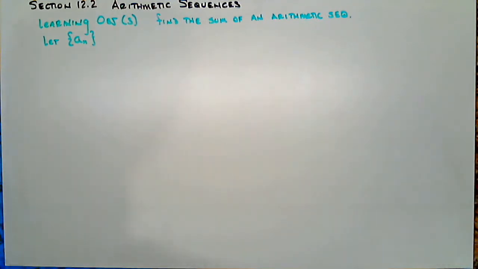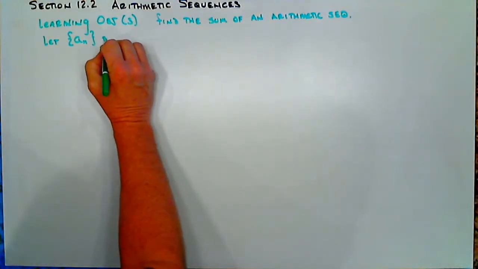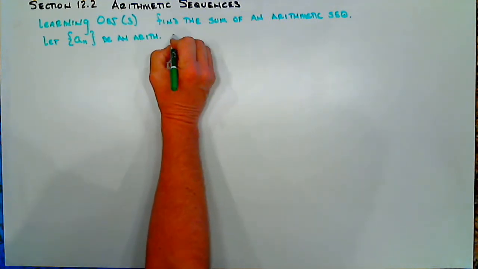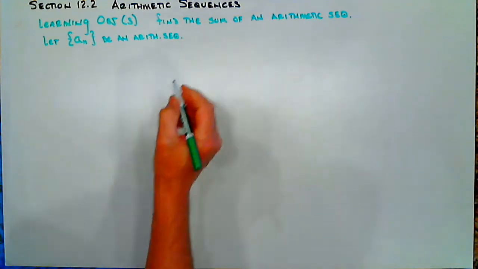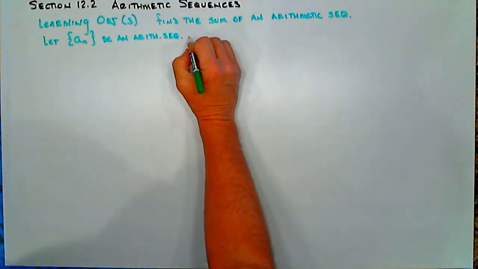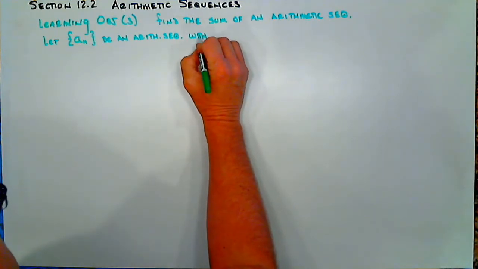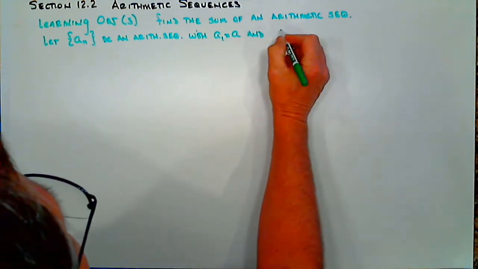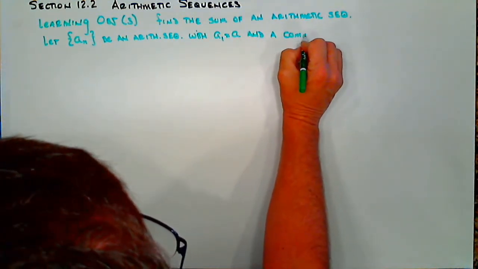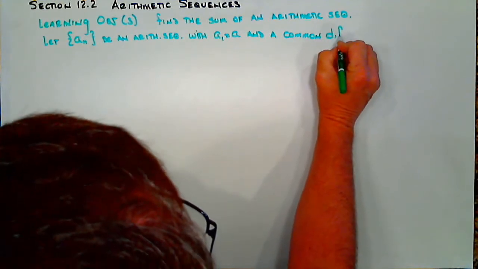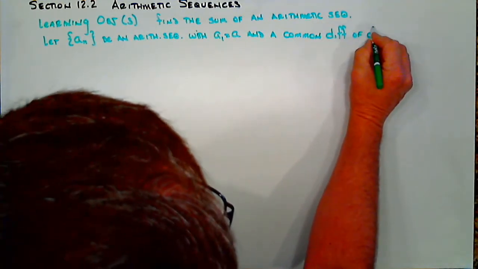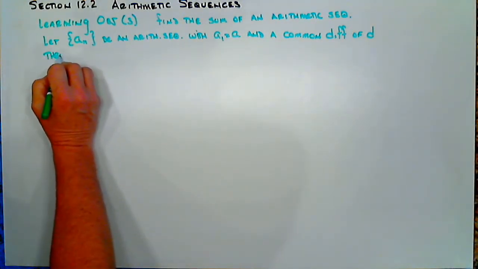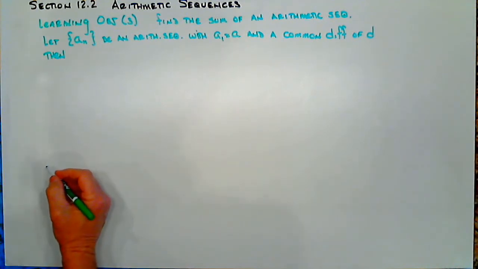If we let a sub n be an arithmetic sequence with a sub 1 equaling a and a common difference of d, then what do we know?